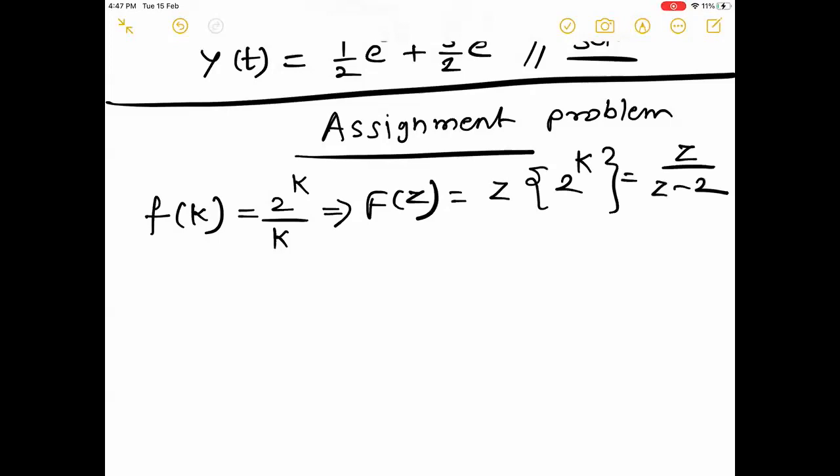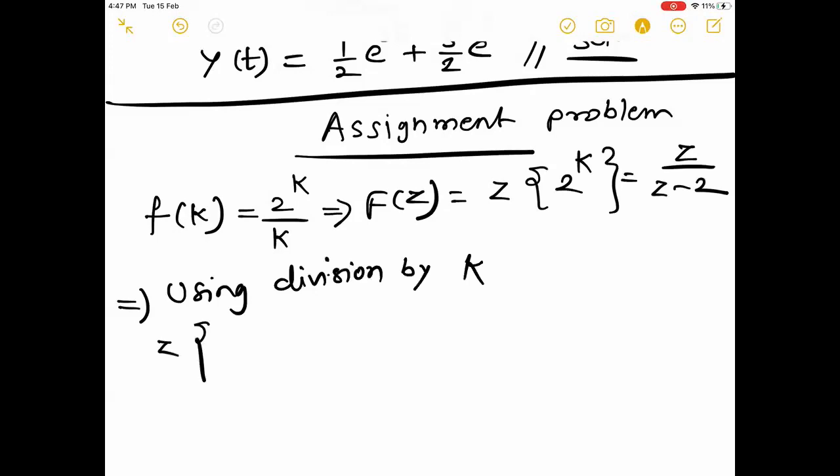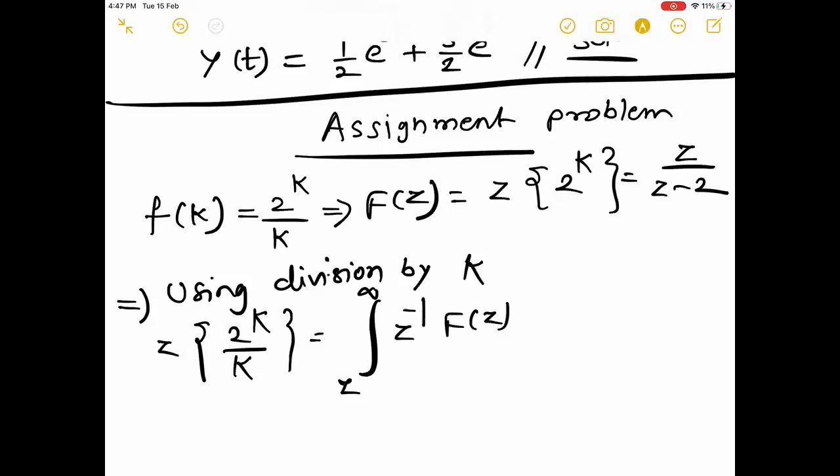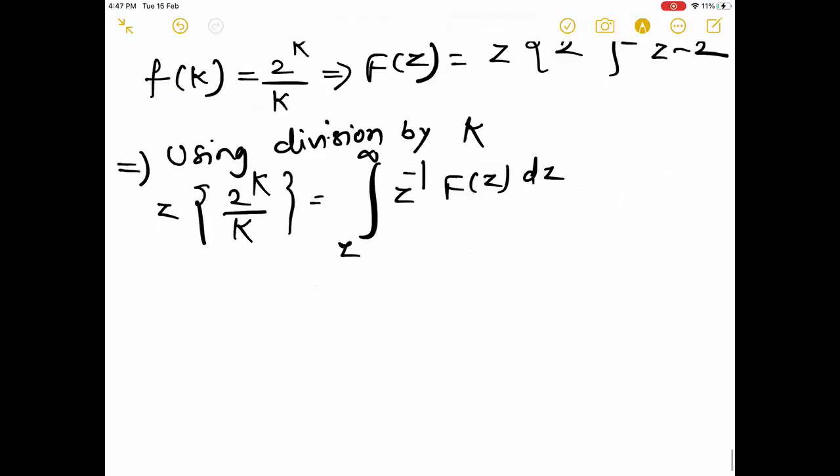Therefore, using the division by k property, the Z transform of 2 raised to k upon k is the integral from Z to infinity of Z raised to minus 1 into F of Z. So this is Z to infinity of 1 upon Z times Z upon Z minus 2 dZ.